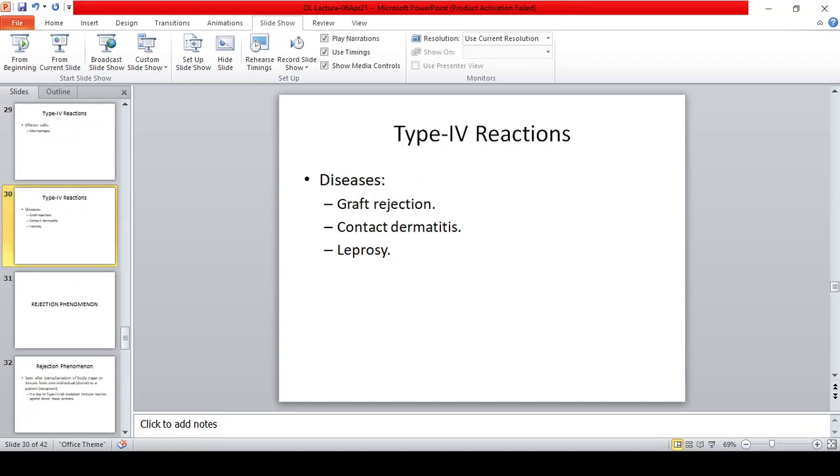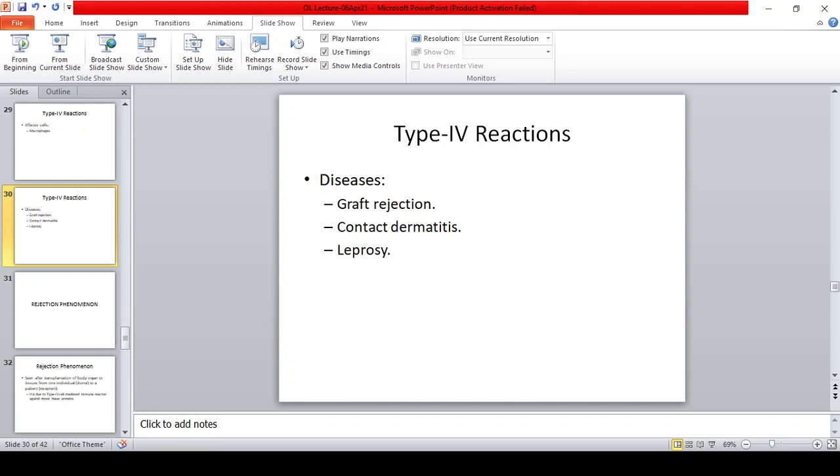The clinical diseases or disorders in which type 4 reactions are present are, number 1, graft rejection, a very important clinical setting.